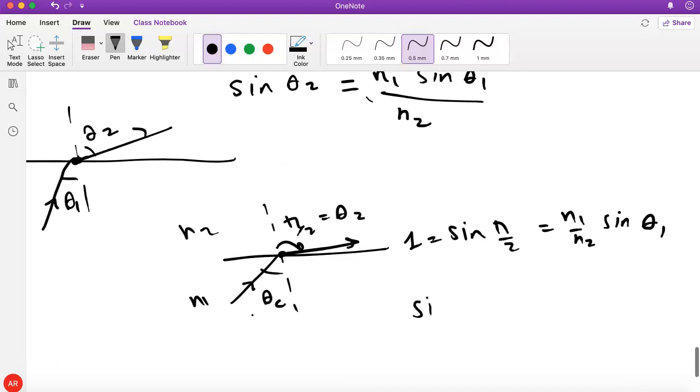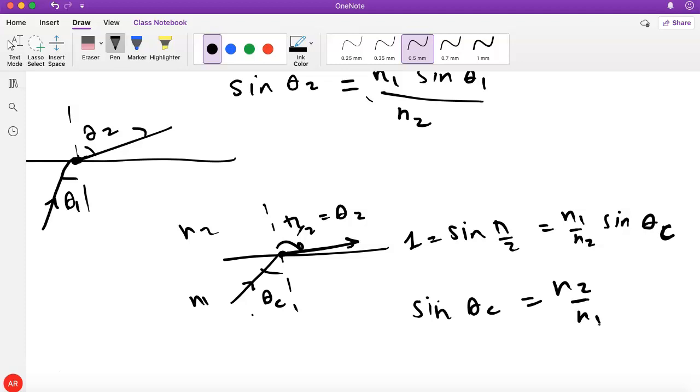And that means sine theta critical, we called it, is n2 over n1. So n2 over n1 is a number that's smaller than 1. So there's going to be some angle like that, some angle theta critical.